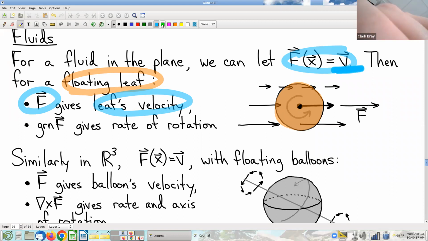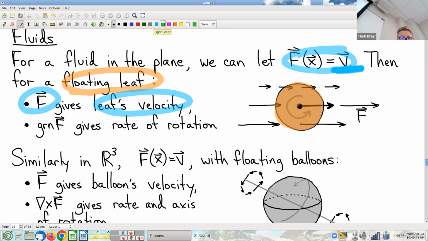But now let's ask the harder question: as that leaf goes down the river, does it go kind of like this, right? Or maybe does it twist? Does it turn as it floats down the river? I don't know if y'all have ever noticed, if you look at a little creek or something and the leaves are floating down, yeah, they tend to spin around as they go.